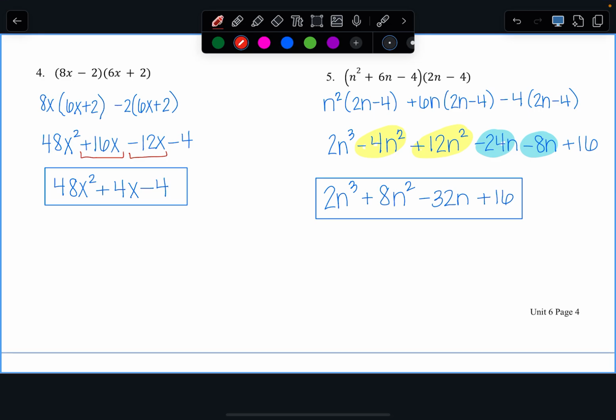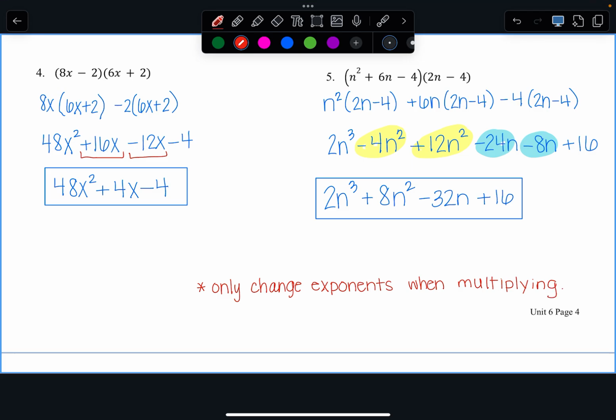So again, only change the exponents when multiplying. And that's it.